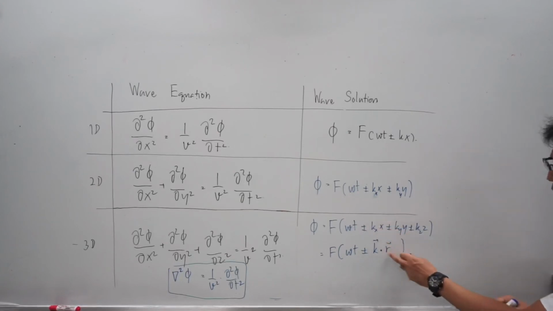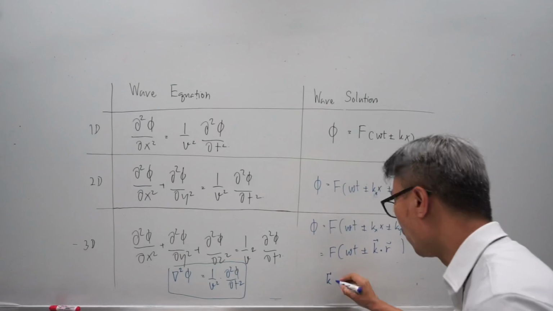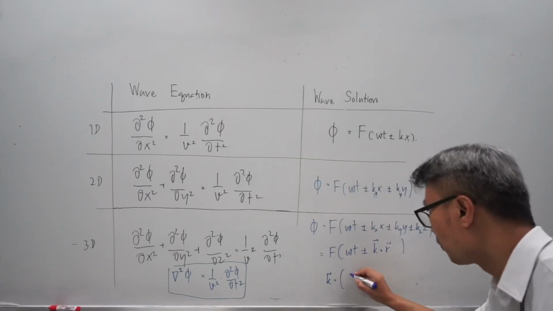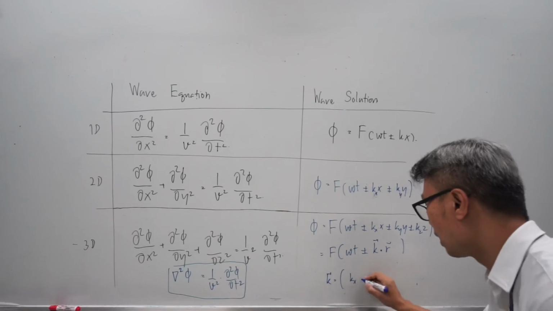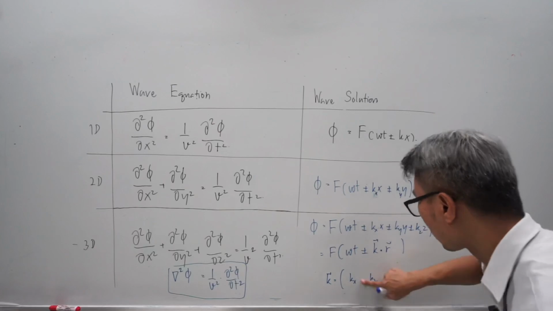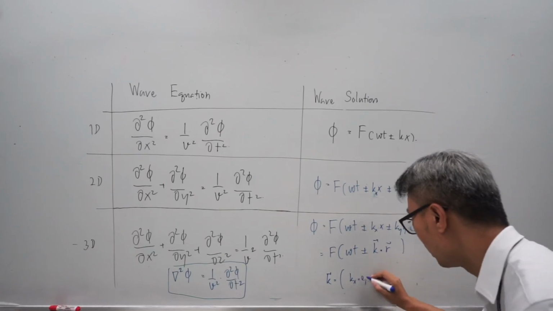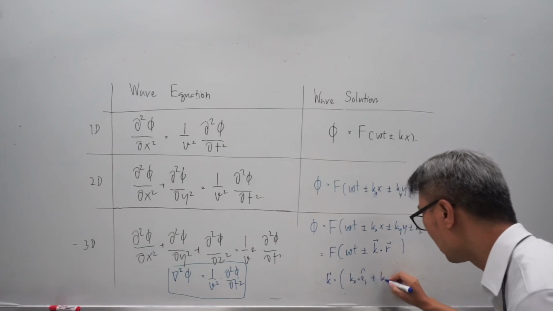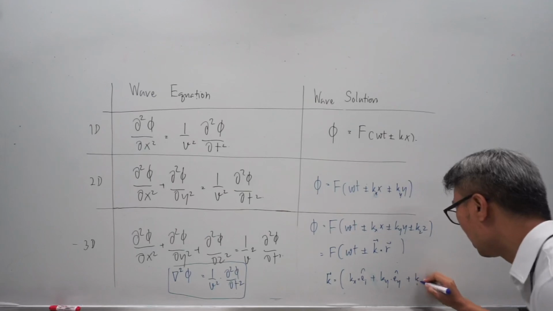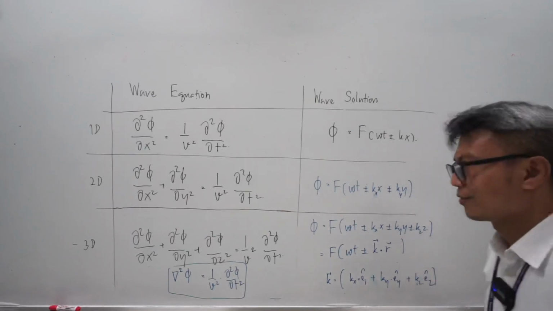I think you know the position vector well, but k is the wave number vector, which can be written as kx, ky, kz, or kx multiplied by the unit vector in the x direction, plus ky multiplied by the unit vector in the y direction, plus kz multiplied by the unit vector in the z direction.